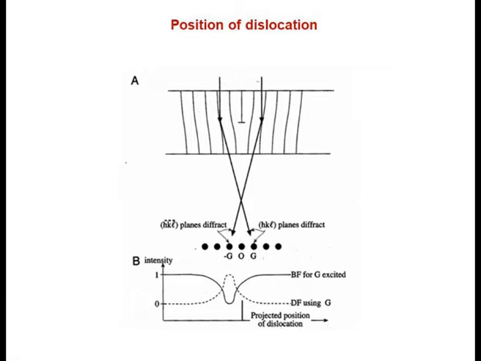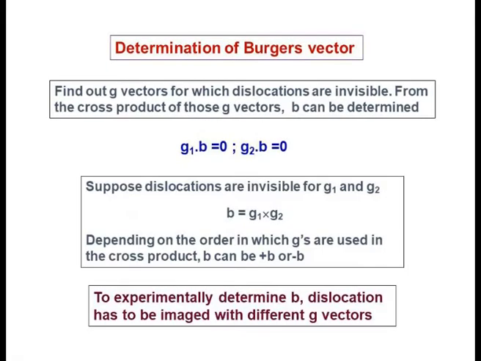Then suppose we wanted to find out the Burgers vector of the dislocation. What we can do is image them with different types of G vectors. We find that for some G vectors the dislocation has disappeared, but the Burgers vector of the dislocation remains the same. Suppose the G vector for which it first disappears is G1, G1 dot B becomes 0, and for another, G2 dot B becomes 0.